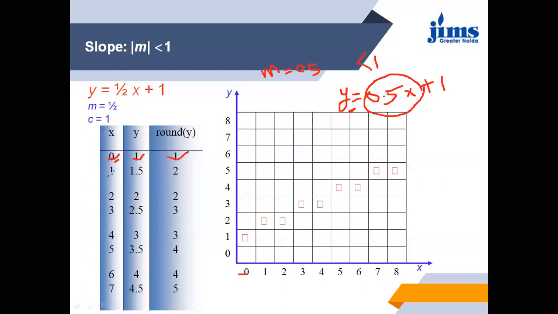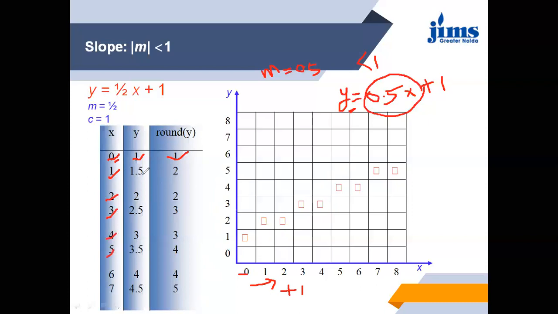When I'm going to calculate the next value, as the value of m is less than 1, every time I have to add 1 in x's coordinate. You can check from here that this is 0. After that 1 plus 1, 2 plus 1, 3 plus 1, 4 plus 1, 5, like this.